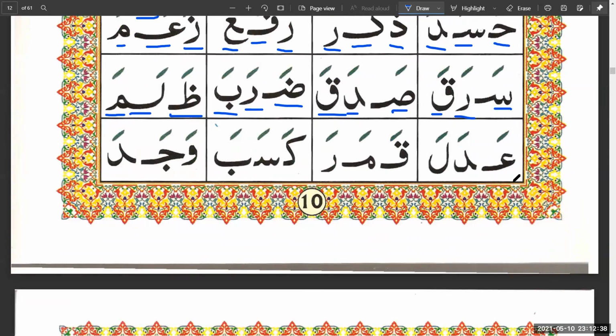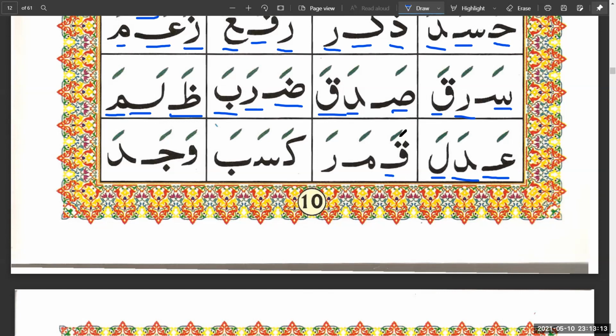Okay, I want you to see if you can do this last line by yourself. Pause the video, see if you can recognize each letter, and then read each word, and then unpause the video to check your answers and repeat after me. Okay, let's go through this last line. This first one is ain, fatha, a, dal, fatha, da, and lam, fatha, la. A da la. Next one.